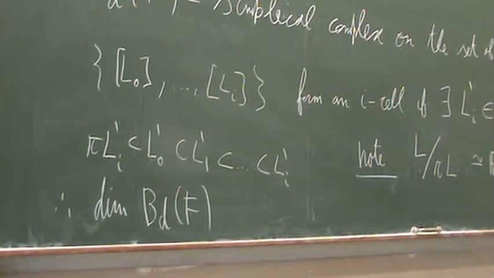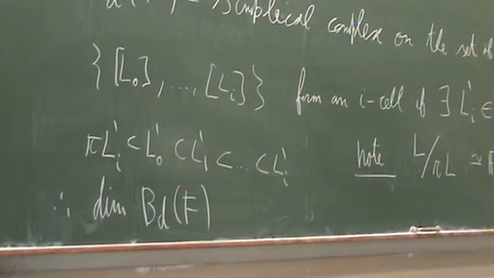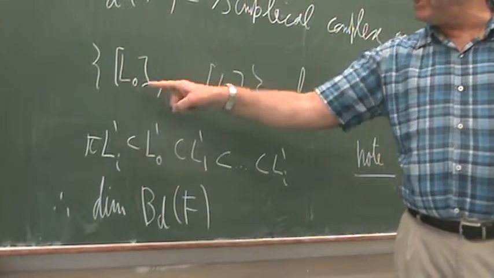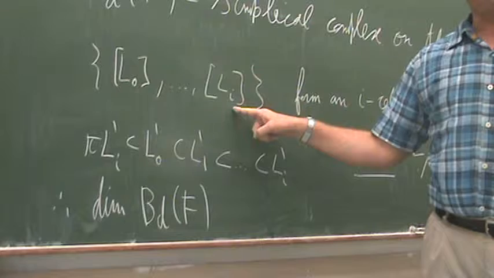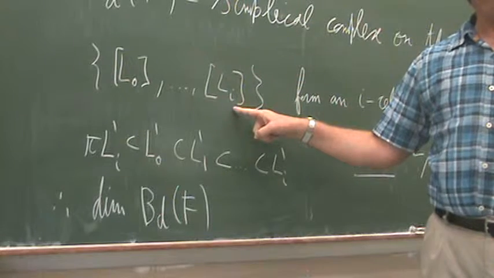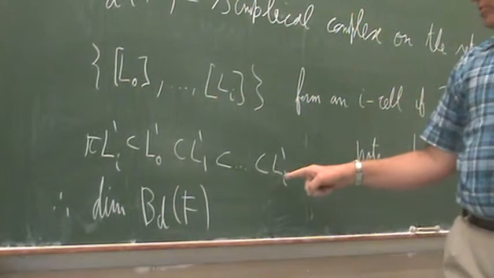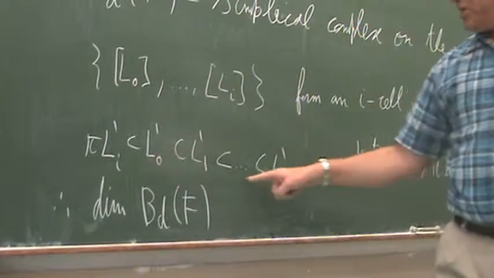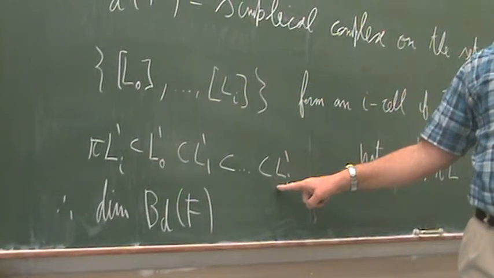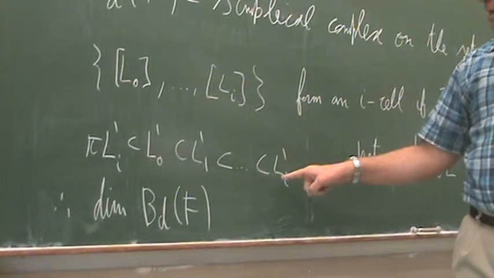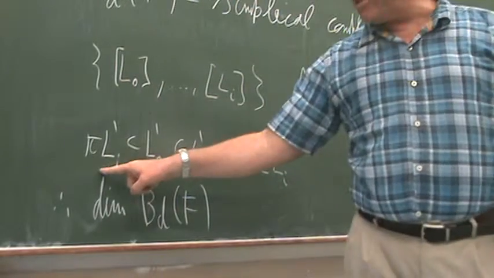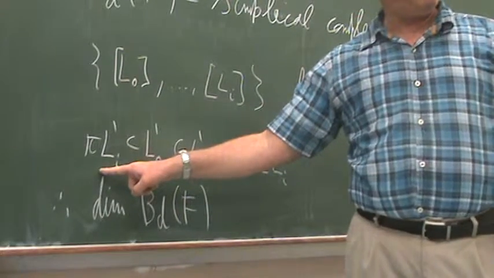This is the I cell. Now, in order to have a sequence like that, from 0 up to Li, what is the maximum possible I? We are talking about a sequence of submodules inside Li prime, containing pi Li prime, right?